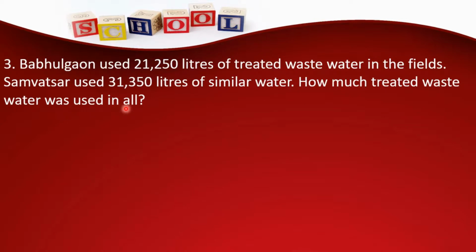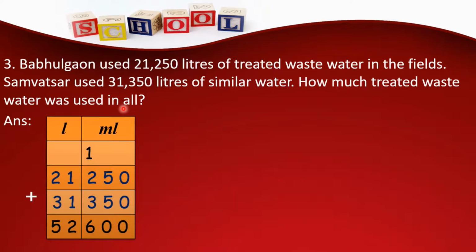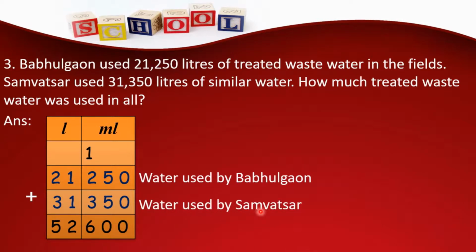So here we know that 21,250 liters of treated wastewater is used by Babulgaon, and 31,350 liters of the similar water is used by Samvatsar, and we have to find out the total treated wastewater used in all.